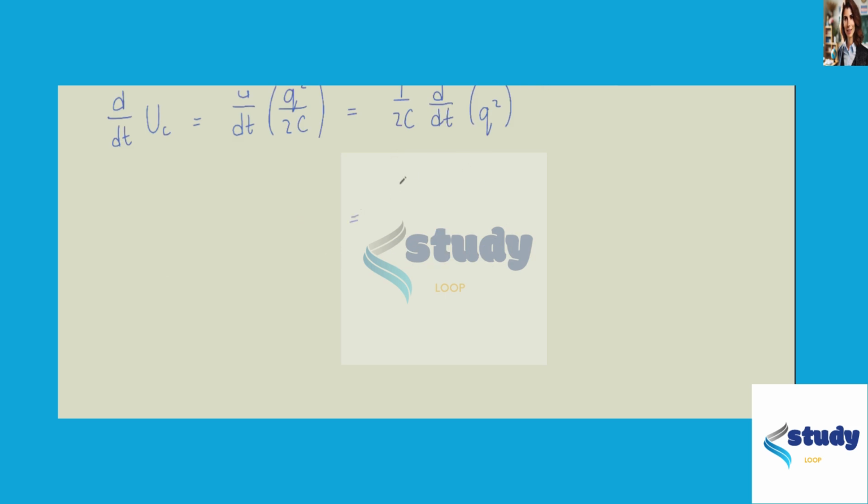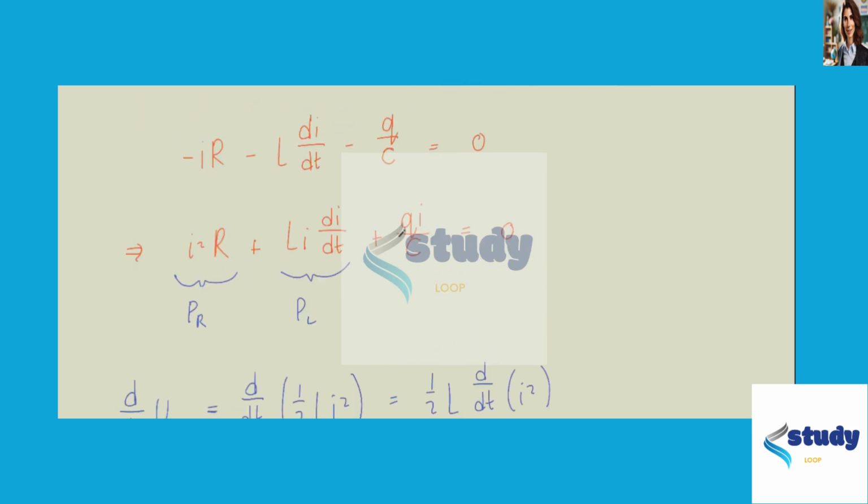And this gives us 1 over 2C times 2q times dq/dt. And dq/dt we know is the current I. So this gives us q times I over the capacitance C. And that we can see is the third term. So that's the rate at which energy is changing through the capacitor. So we'll call that PC.